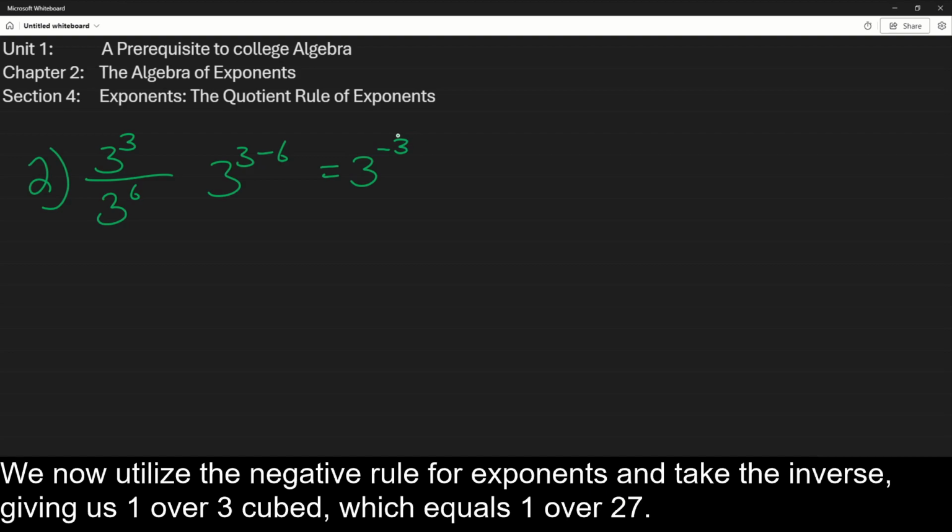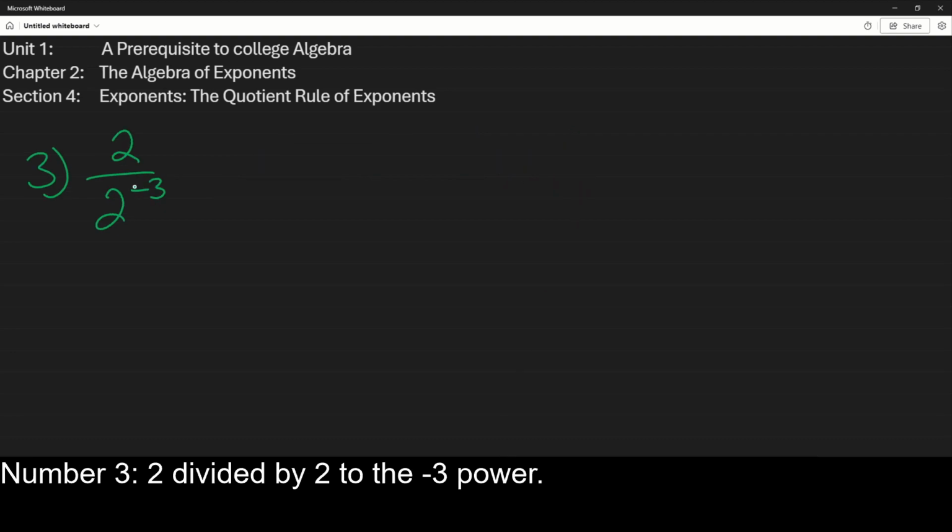We now utilize the negative rule for exponents and take the inverse, giving us 1 over 3 cubed, which equals 1 over 27.